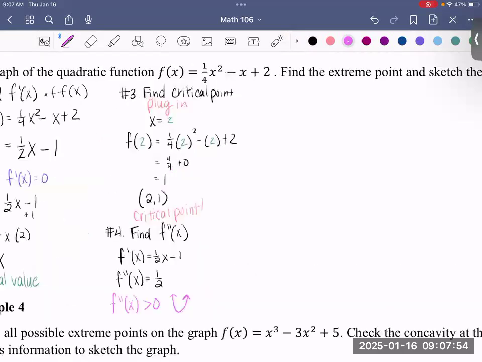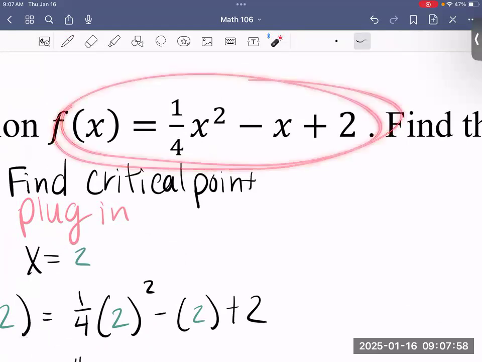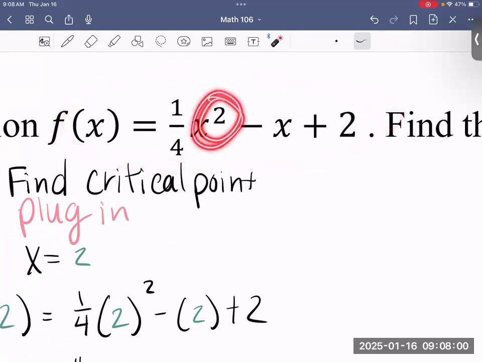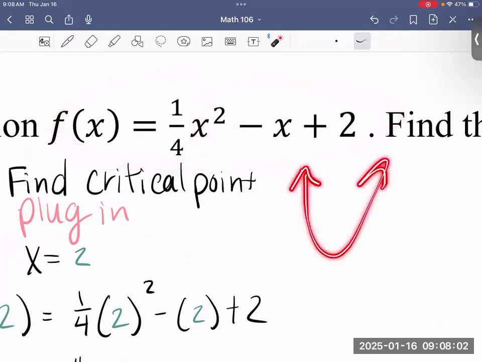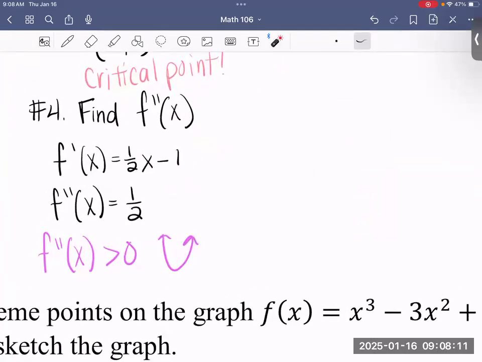Because if we were to think about what visual picture we can come up with, this graph is a parabola. We have an x squared. And this one is a concave up parabola, so we should be concave up for this whole duration. So because it is greater than 0, we should end up having a minimum.